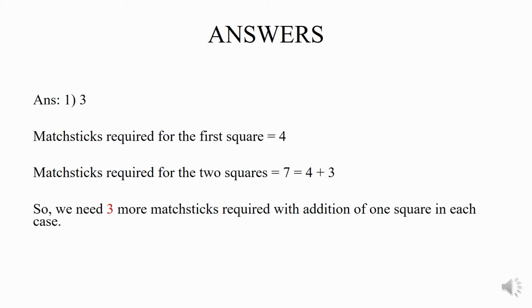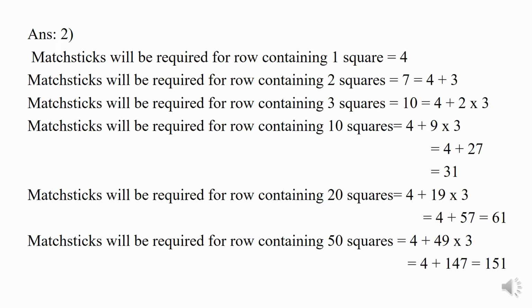Coming to the second question, the answer is: the number of matchsticks required for the row containing 10 squares is 31. How is it possible? If you see here, the number of matchsticks required to prepare 1 square is 4.